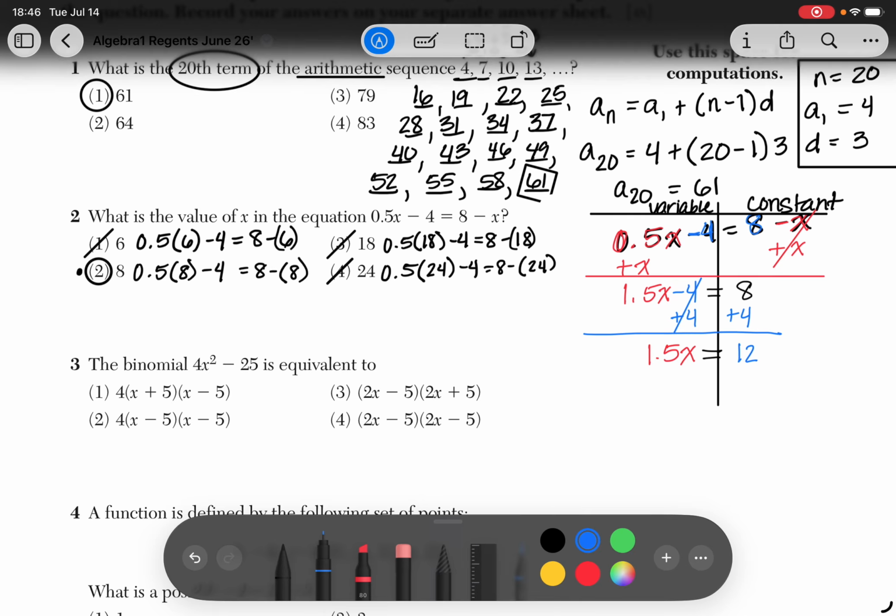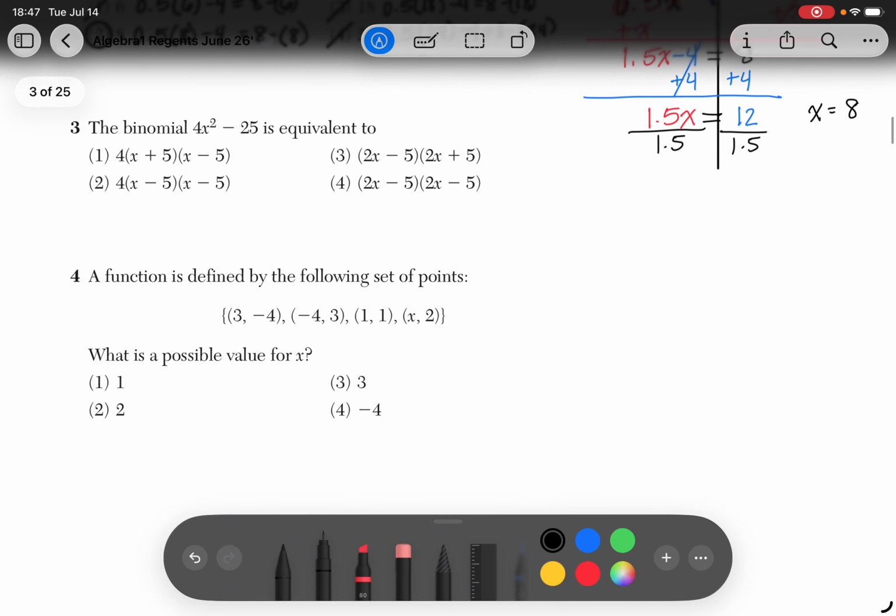Since x is being multiplied by 1.5, we have to do the inverse of that, which would be our lovely division. So we're going to divide both sides by 1.5, which now tells us that x equals 8, which would be the answer that we chose. You can also plug it back in just to be sure with substitution, which is what we've already done.